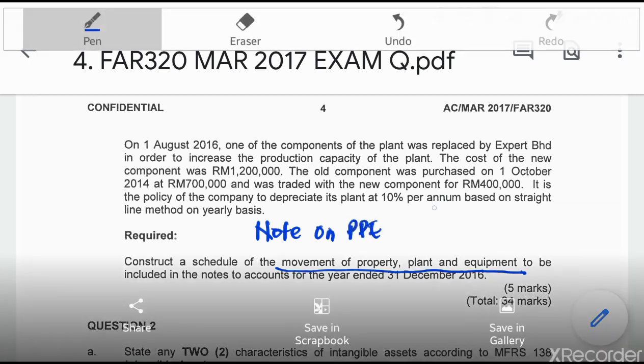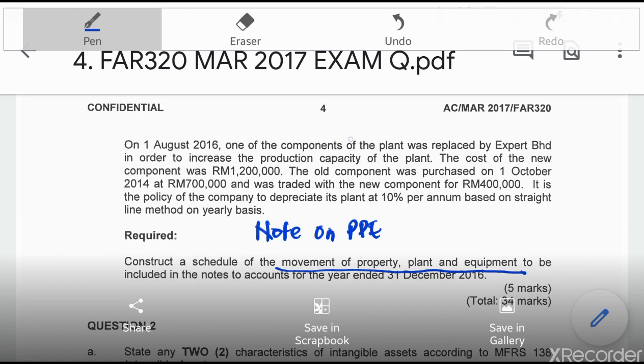What you can expect is that in this question you are just asked to prepare for one financial year. You can also expect a question that may ask you to prepare movement for more than a year, say 2 years or 3 years.